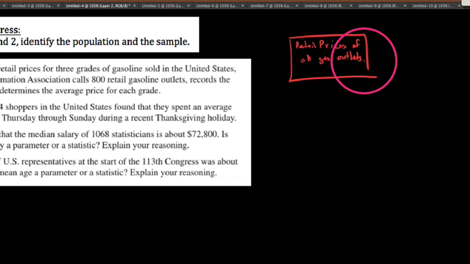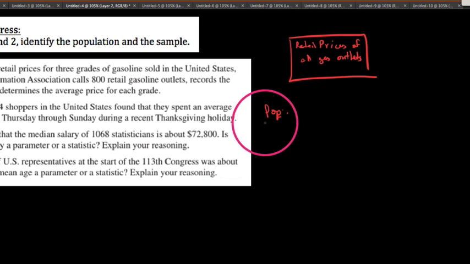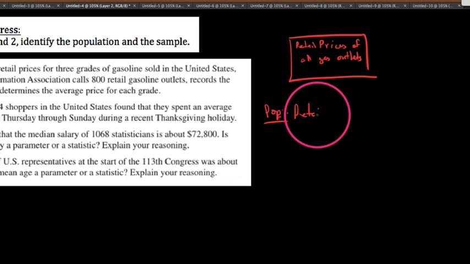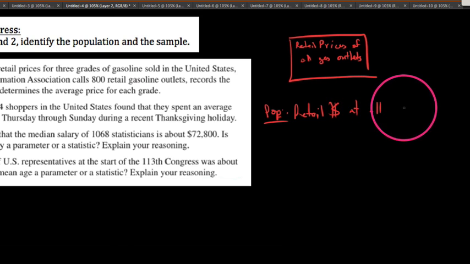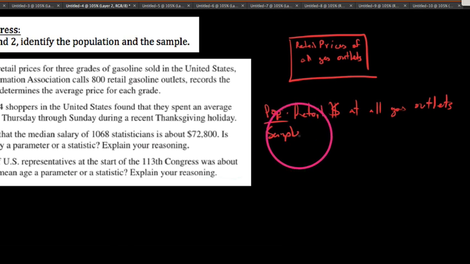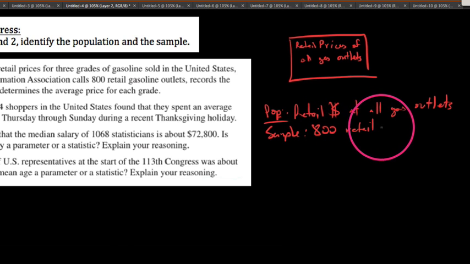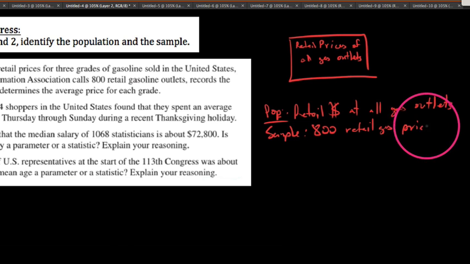So the population is the retail cost in dollars, the retail prices at all gas outlets. I would say usually it's the average retail prices. But the sample, in this case, it says they call 800 retail gas outlets. And so the sample is this subset of 800 retail gas prices at those outlets.